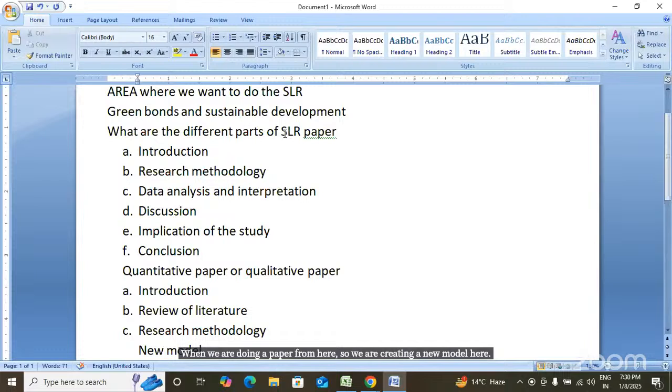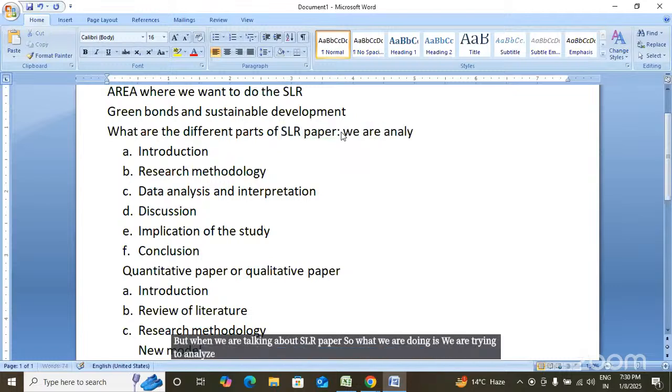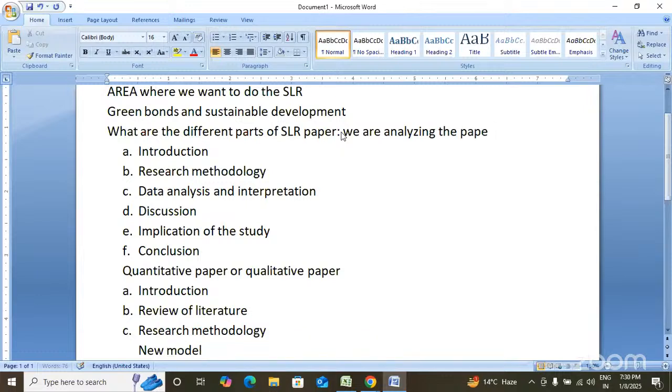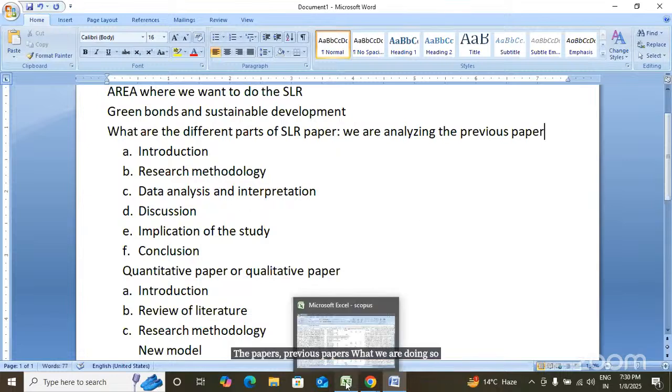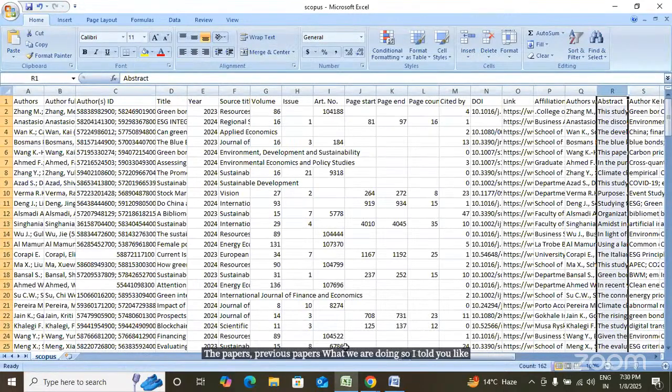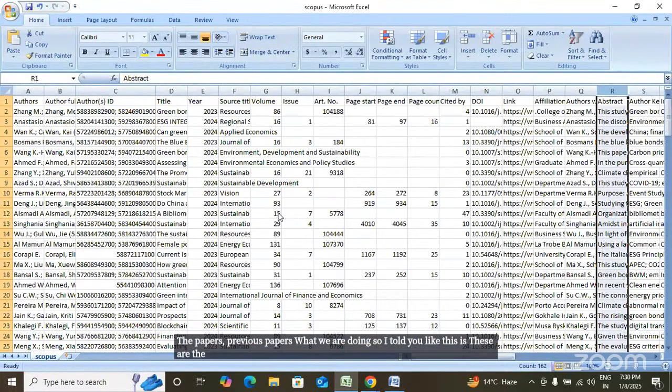But when we are talking about an SLR paper, what we are doing is, we are analyzing the papers, previous papers. I told you, these are the previous papers that have been written on the topic green bonds and sustainable development.